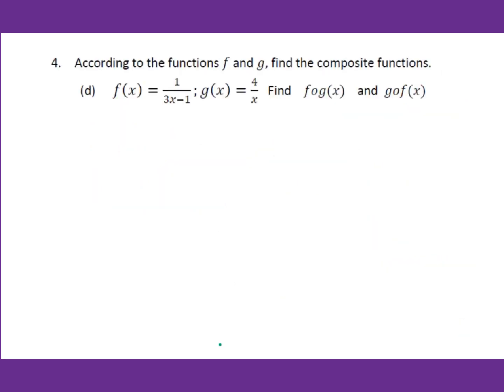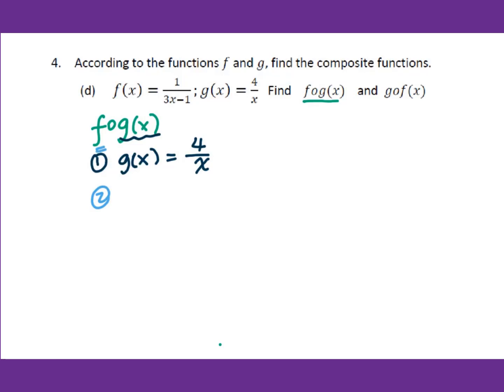Now let's go to D. First of all, we're working on f of g of x. Inside first, so we go to g of x first. That is 4 over x. Then we go to this f of 4 over x.